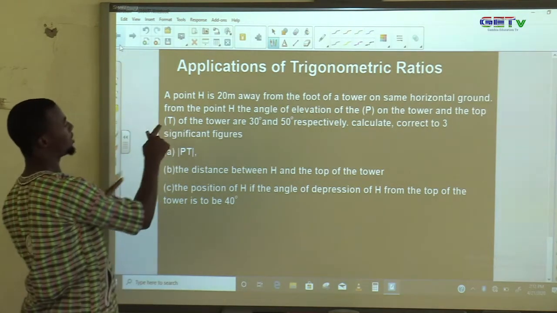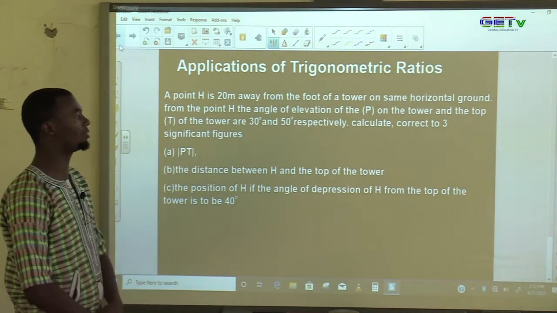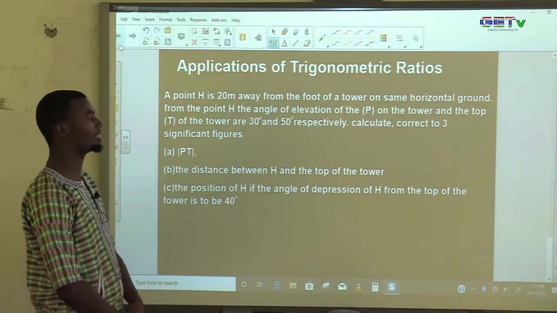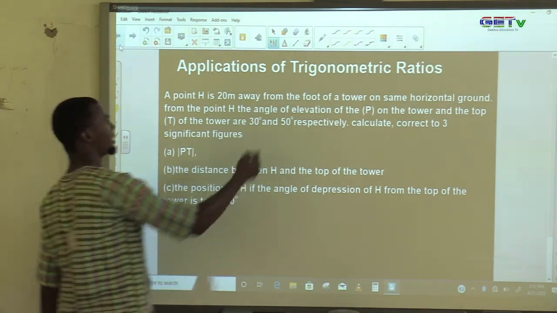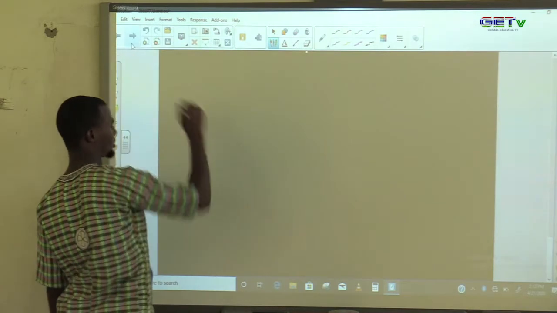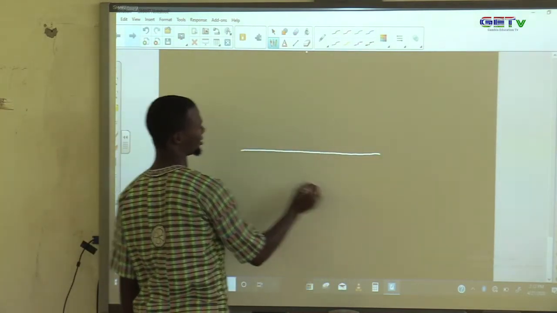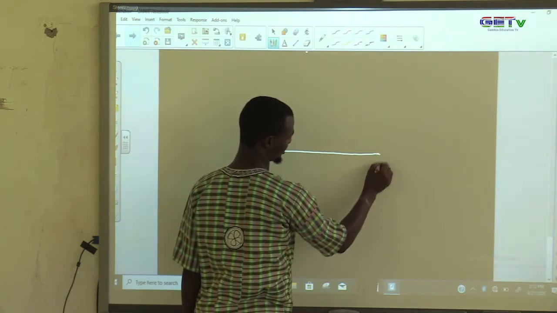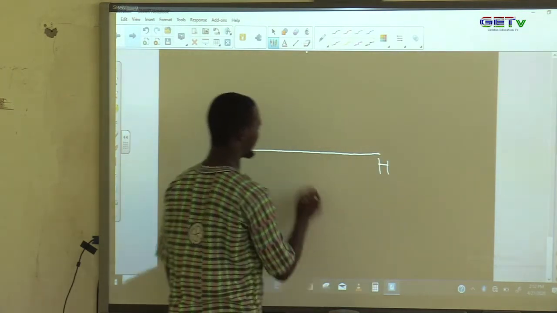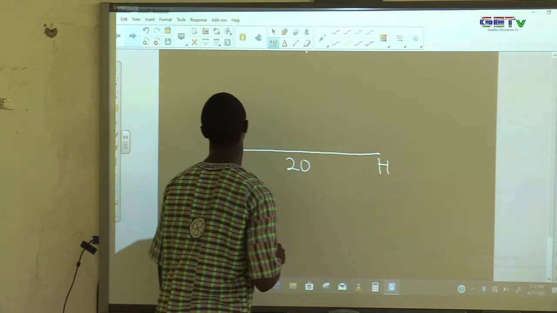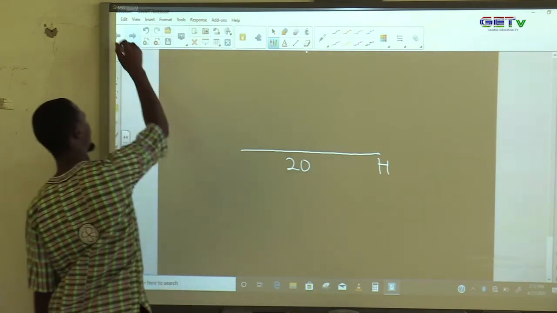The sketch: a point H is 20 meters away from the foot of a tower on the same horizontal ground. We get that first. Let's say this is point H, 20 meters away from a tower on the same horizontal ground.